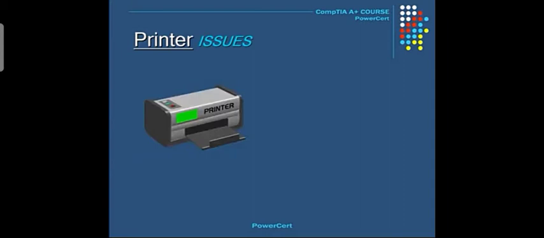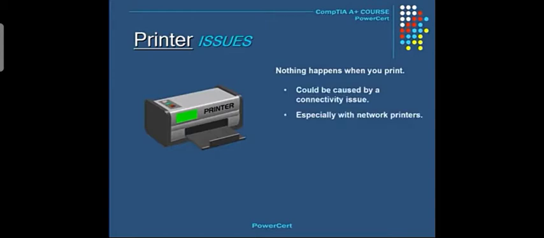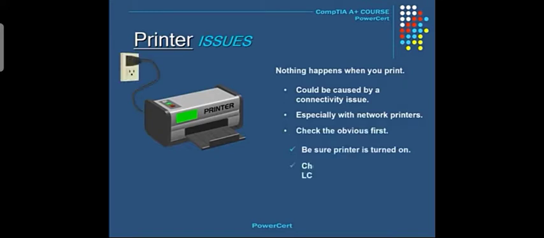A lot of times when you're trying to print something and absolutely nothing happens, then this could be a connectivity issue. Connectivity issues are extremely common, especially when you're dealing with network printers. But the first things to check are the obvious ones. For example, make sure the printer is actually turned on. Or check for any errors on the printer's LCD display if it has one.